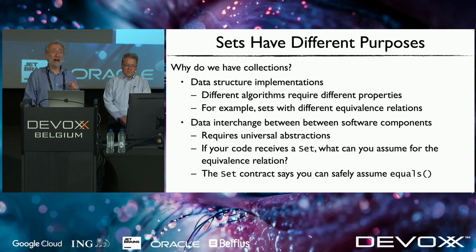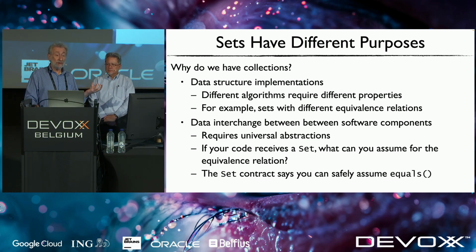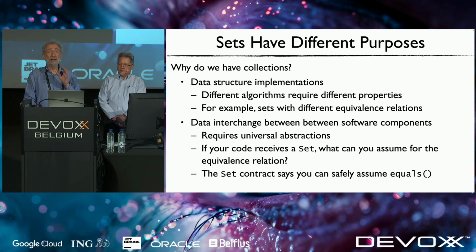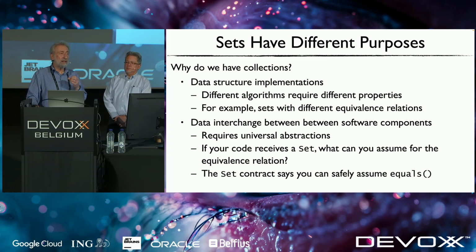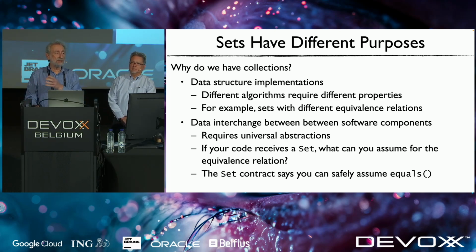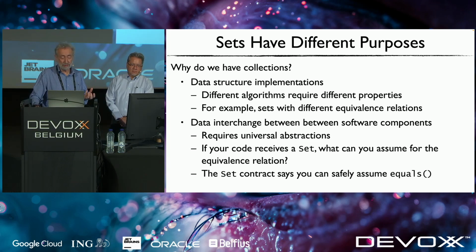If you want to be able to pass data between widely separated software components, maybe written by different people, part of different systems, you want to have strong universal abstractions. You want to be able to depend on conventions that will allow you to process the data that you get from one part of the system confidently. You understand the basis on which it's been constructed when you're processing it in another part of the system.